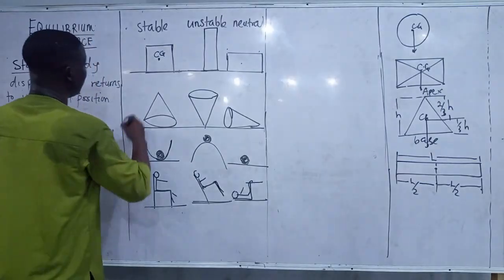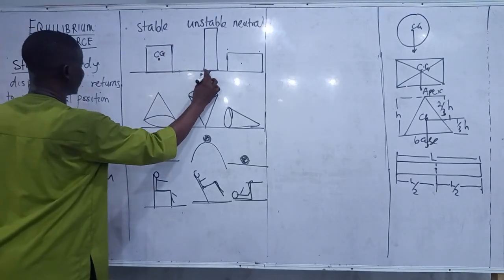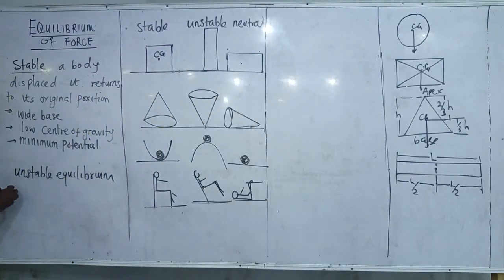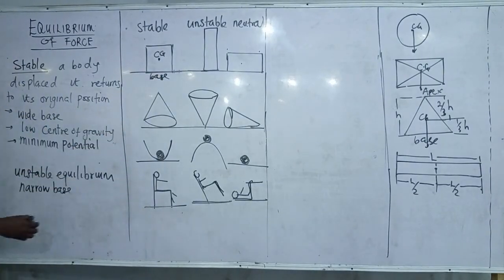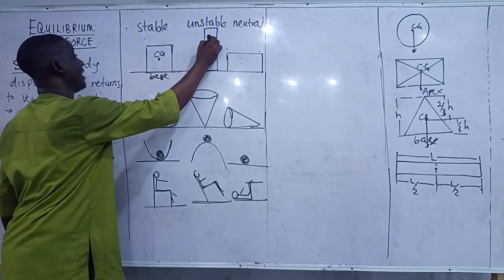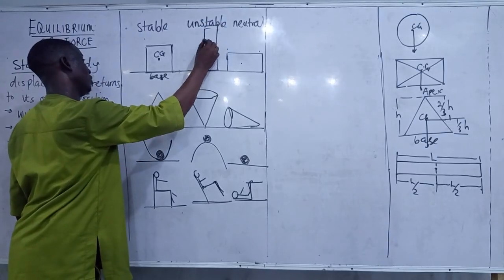We check. The base of this one is wider compared to this one. This one is narrow. So if I say unstable has a narrow base, the base we are talking about is this side. And look at the center of gravity of this side. It has a high center of gravity. Look at where it is.